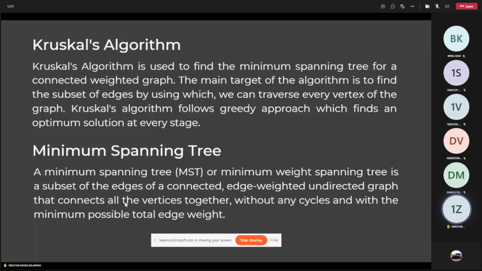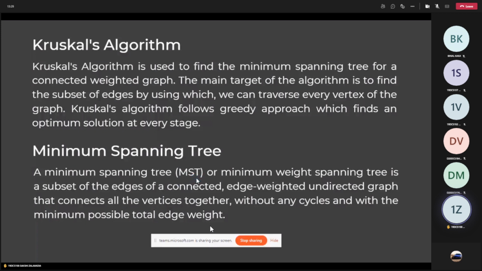A minimum spanning tree is a subset of edges of a connected undirected graph that connects all the vertices together without any cycle and with minimum weight possible. The main aim of Kruskal's algorithm is to find the subset of edges through which we can traverse each and every vertex of the graph and which has no cycles.